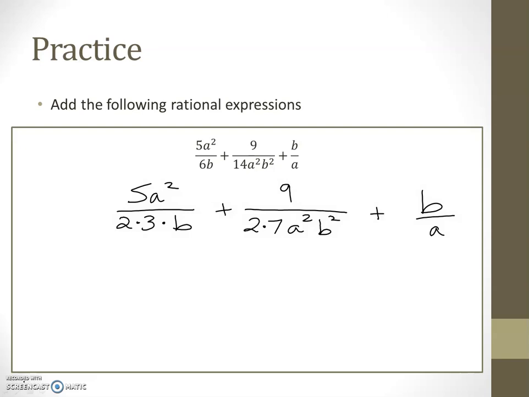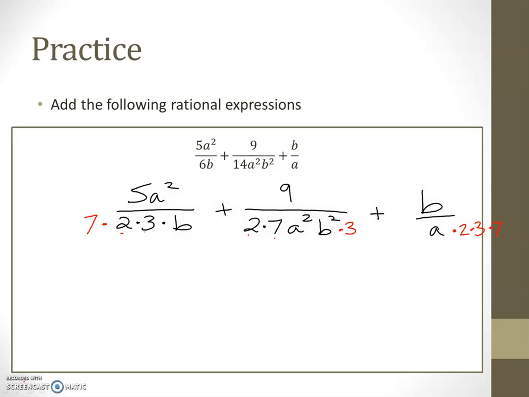Okay, so I'm trying to make sure that they all have the exact same thing. The first thing I see is I've got a 2 and I've got a 2. That means this one over here is going to need to have a 2. Okay, I've got a 3. So this one's going to need to have a 3 here, and this one's going to need to have a 3 here. Okay, I've got a 7, so this one's going to need a 7, and this one's going to need a 7. Okay, so now I can check.